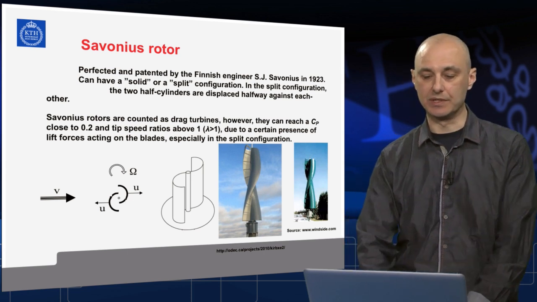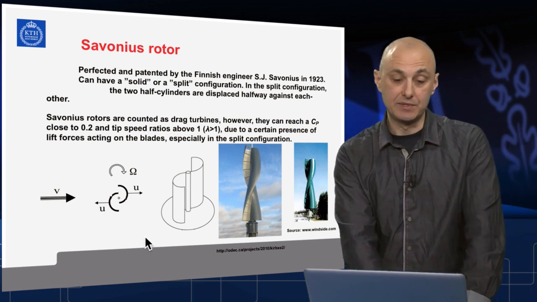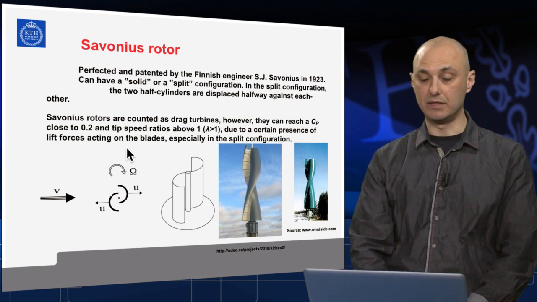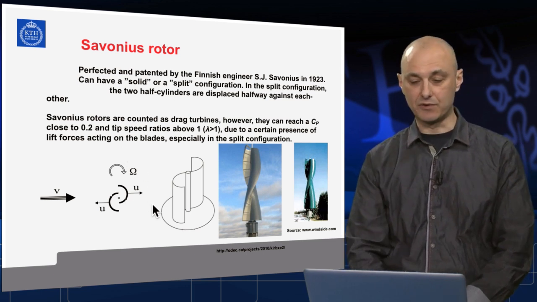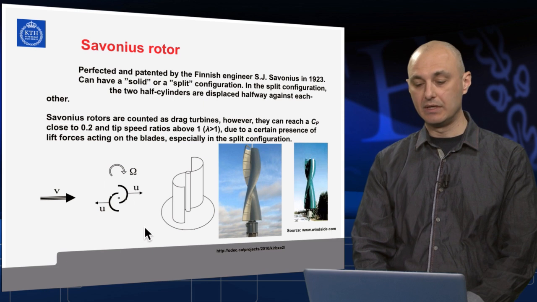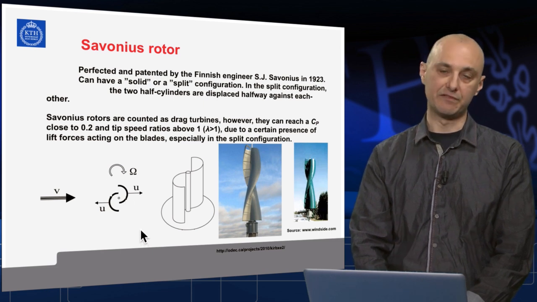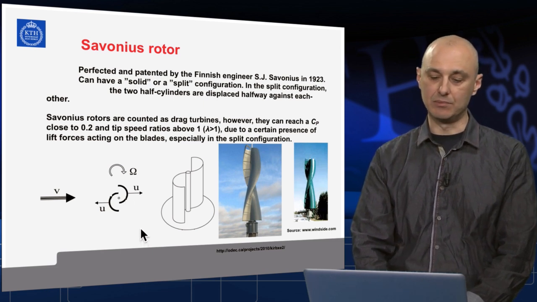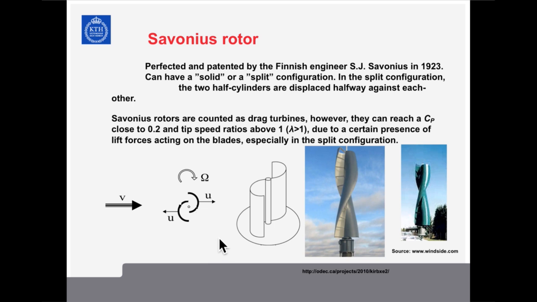The Savonius rotors are other types considered to be drag force devices. However, there is a certain lift force here that acts on the blades thanks to the fact that they're actually curved plates. There are two major types of Savonius rotors. The simple ones, we can call them a solid rotor, simply a curved plate.